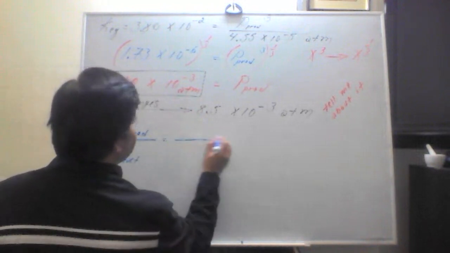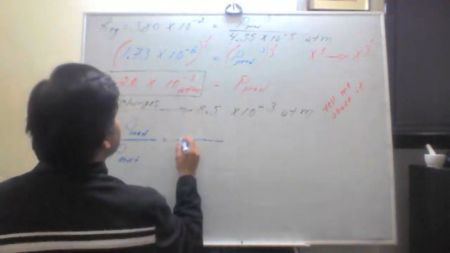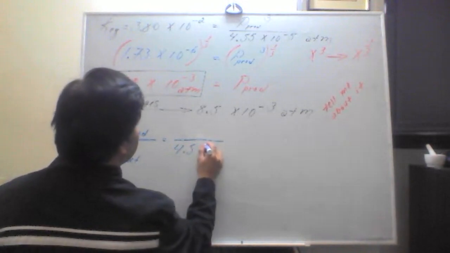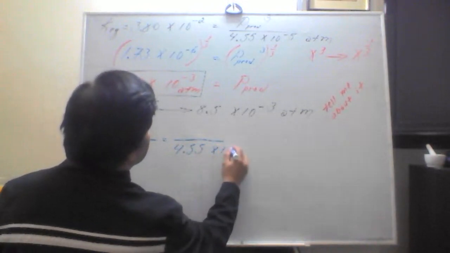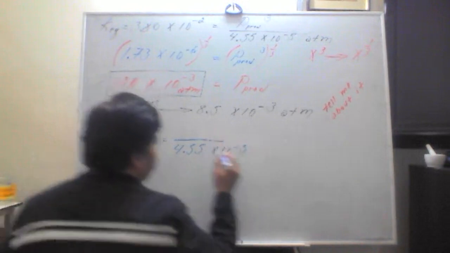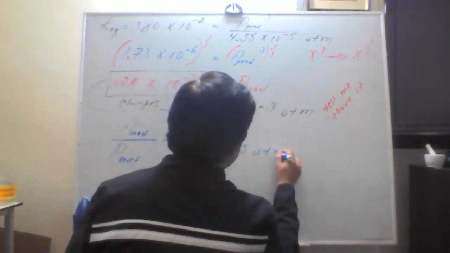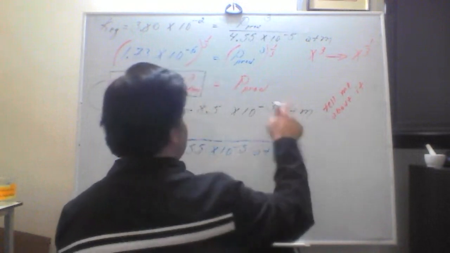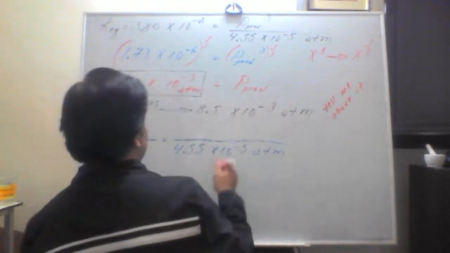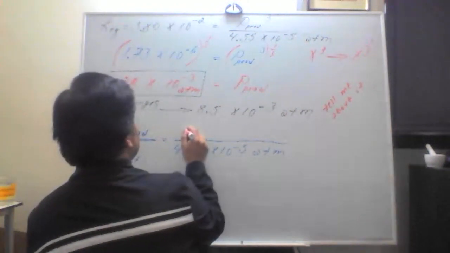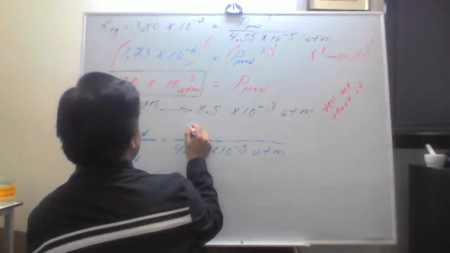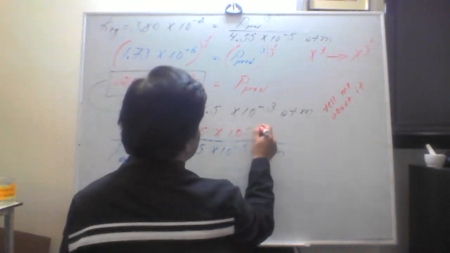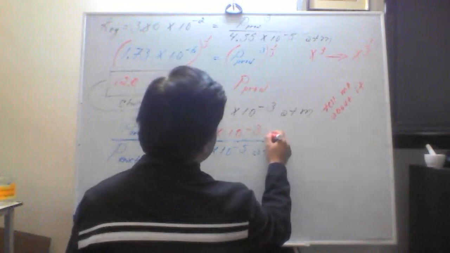So we put the numbers. We take the partial pressure of the reactant, 4.55 times 10 to the minus 5 atmospheres. And then we take the changed value. Now the products will have a partial pressure of 8.5 times 10 to the minus 3 atmospheres.